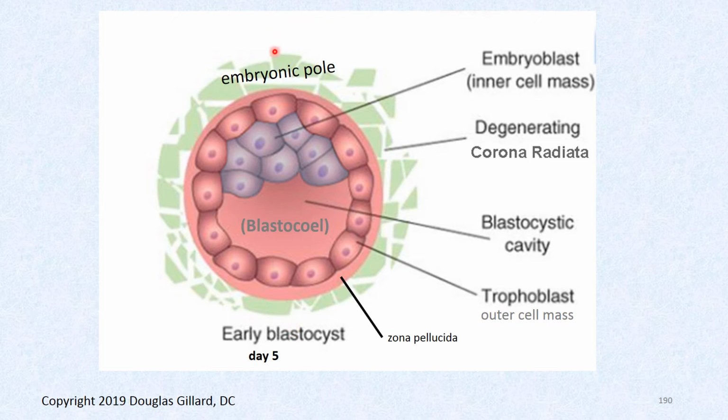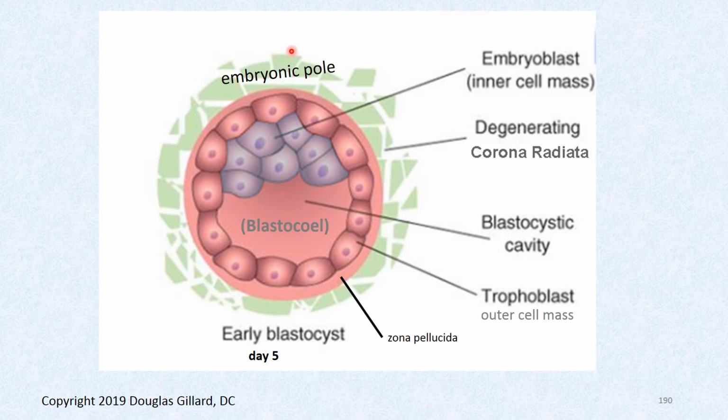So this north pole, that's the embryonic pole, right directly 180 degrees away from it. That is called the abembryonic pole. Okay, so the inner cell mass, or there's that embryoblast again, it's always toward the embryonic pole.